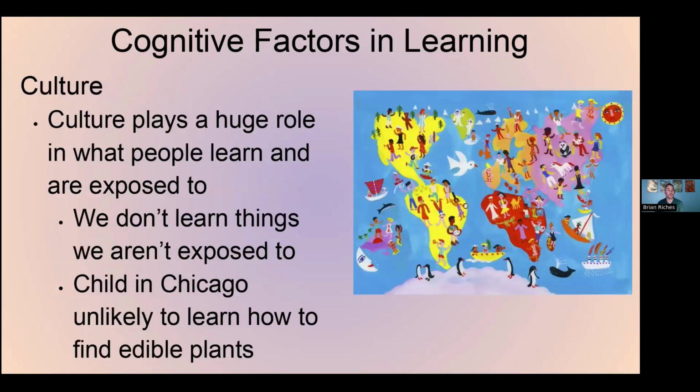And speaking of cultures, culture plays a huge role in what we learn. So essentially, we don't learn things that we are not exposed to. So whether it's directly or indirectly, through a video or someone talking about their experience, we don't really learn things that we're not exposed to. So culture plays a huge role in that. And this is not just like US culture versus the culture of China or India.